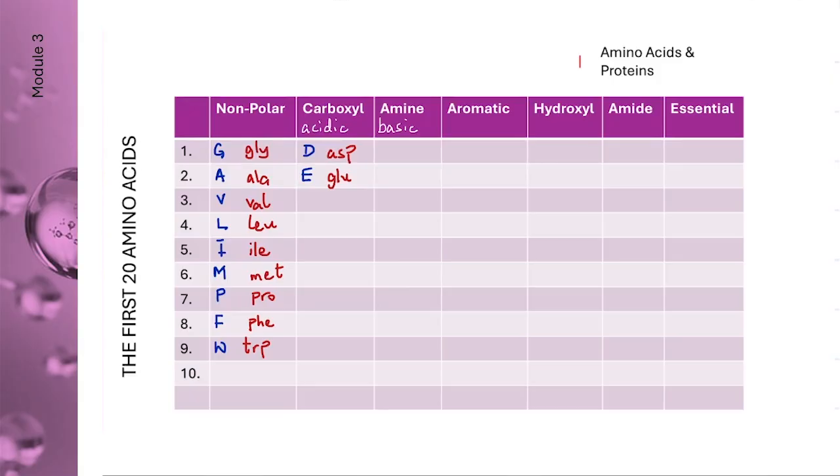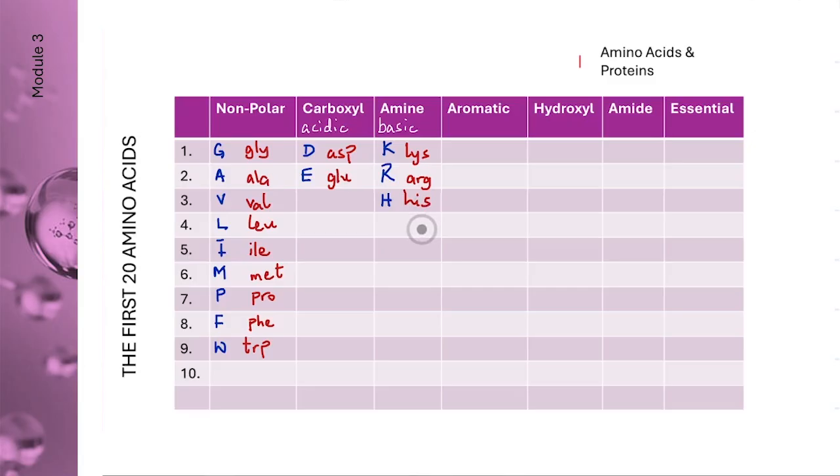We have the K and R. K is lysine, R is arginine, and of course we have H, which is histidine, HIS. So those form the basic amino acids: lysine, arginine, and histidine.